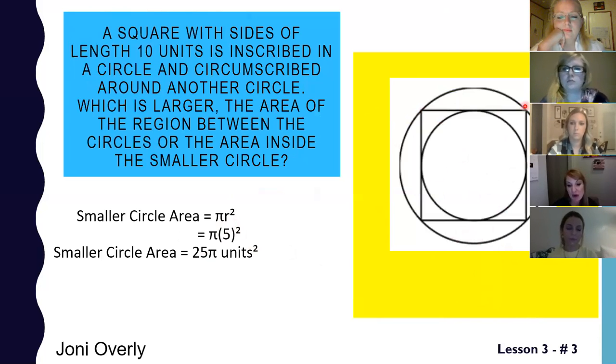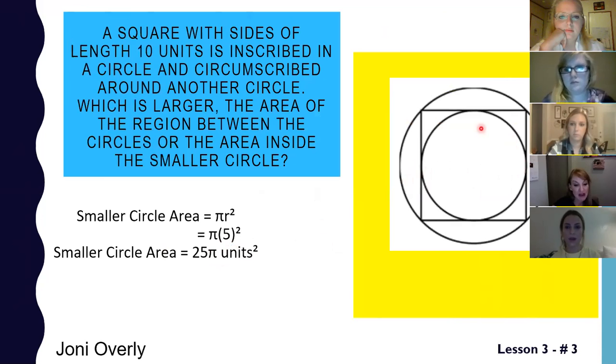So this means the smaller radius is going to be 5. So when we find the area of the smaller circle, we do area equals pi r squared, and you plug in your 5, because that's half of the 10. And you're going to get 25 pi.